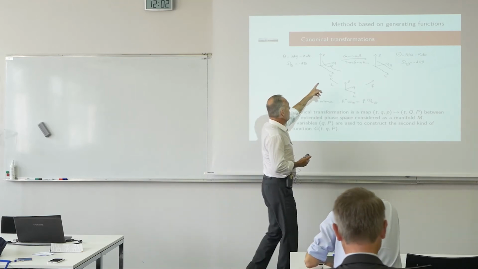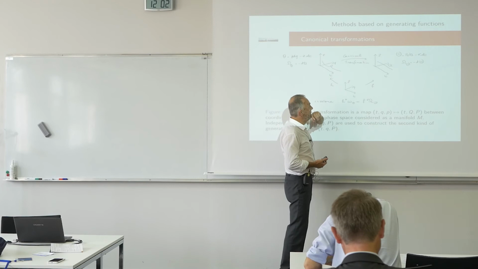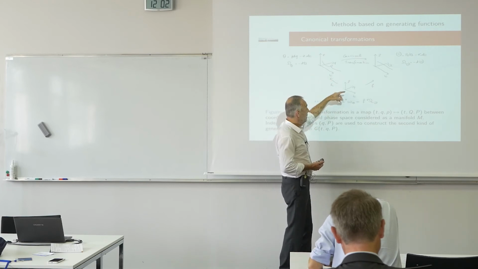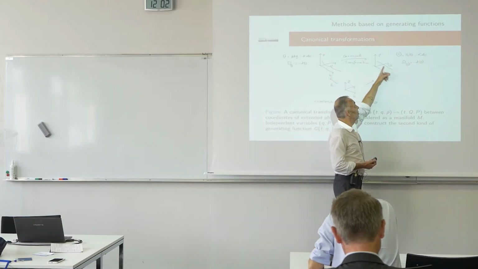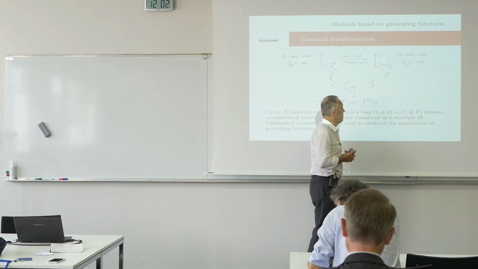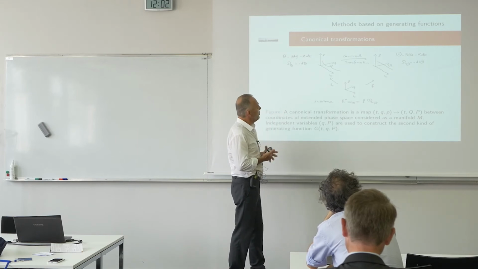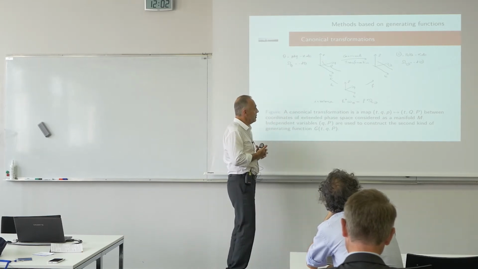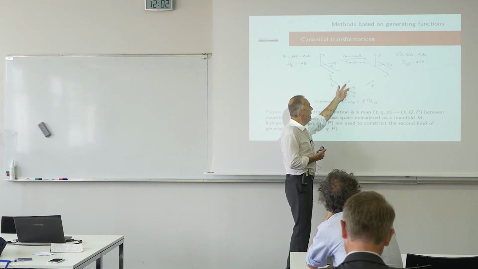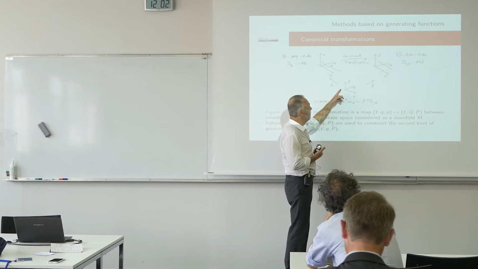Let's imagine that you have the phase space with two coordinates and the time, q the positions and p the momenta. And we want to move it to certain other coordinates, capital Q and capital P. And it's well known that when you are constructing a canonical transformation, you can make a sort of intermediary transformation with mixed variables.